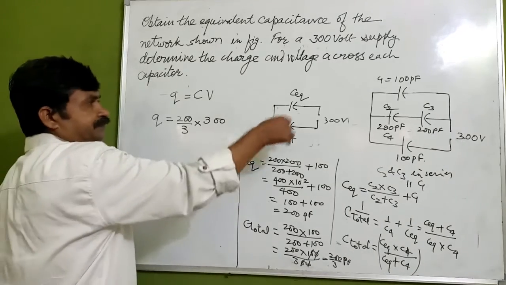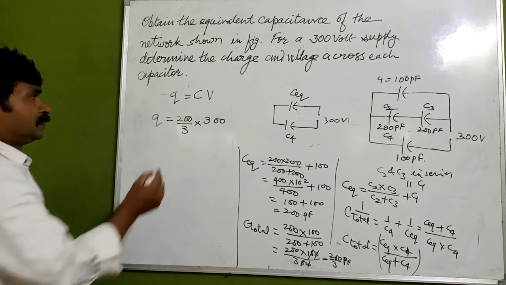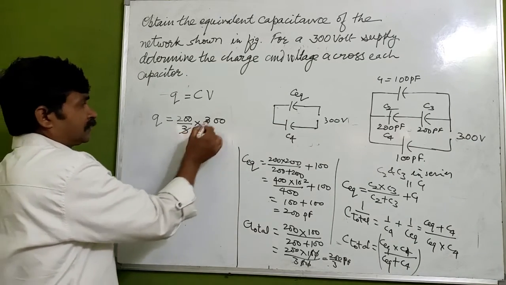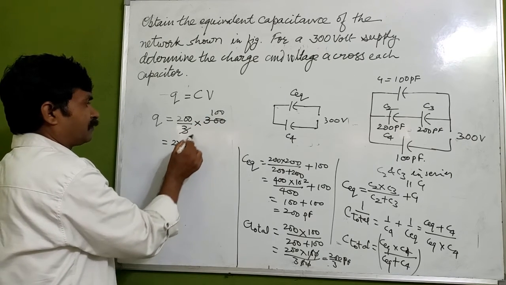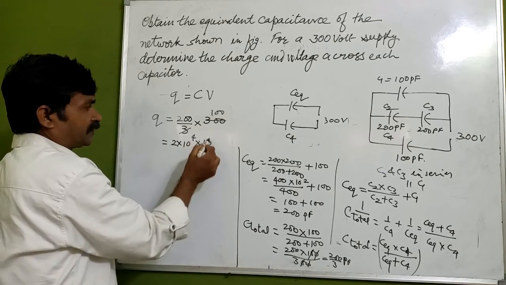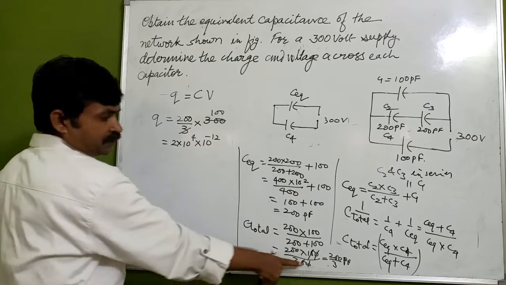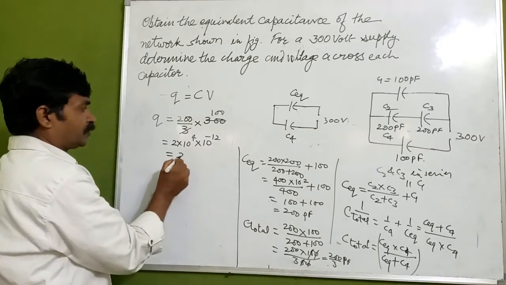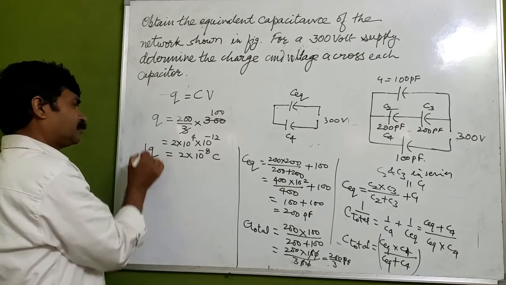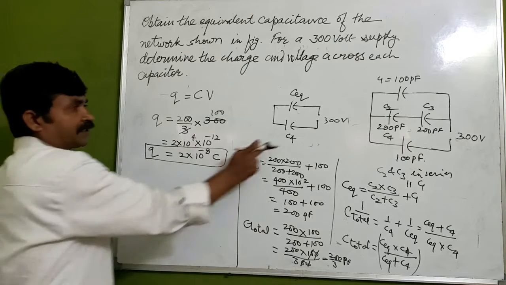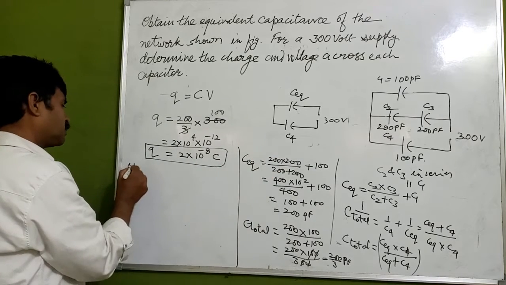So it is 100, and we are having 2 into 10 raised to the power 4 multiplied with 10 raised to the power minus 12 because this is in picofarad. So it is going to be 2 into 10 raised to the power minus 8 coulomb. This is the charge which we are getting here on C4.